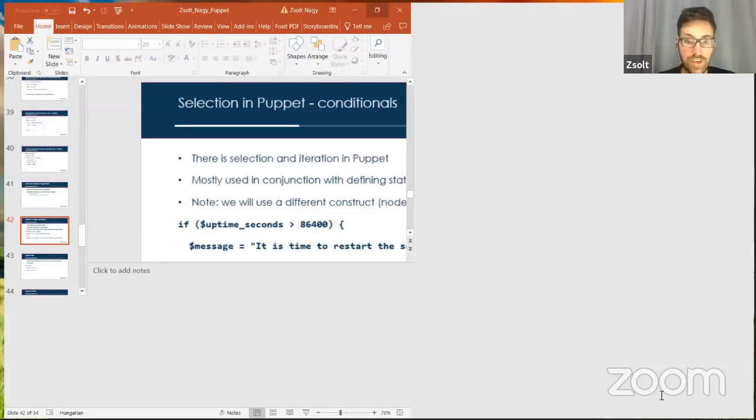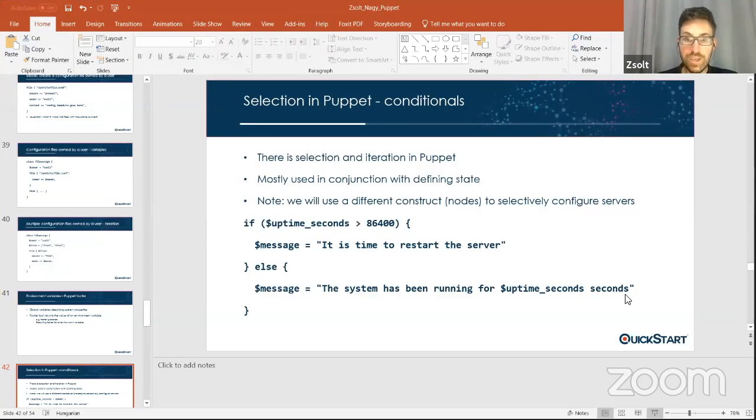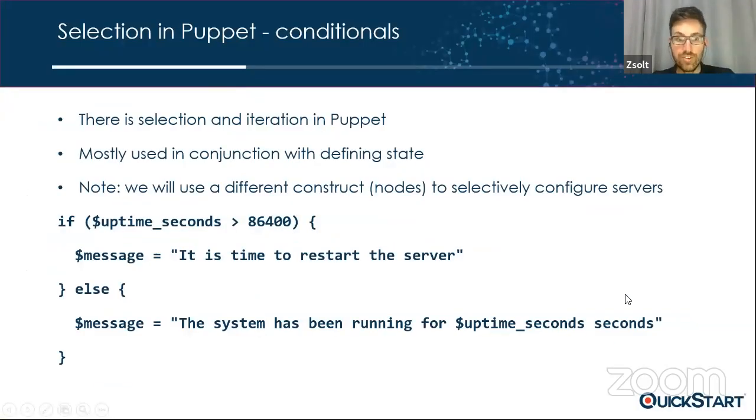There is some auto restart every week anyway. So I promised some if-else. I'm not going to demo it, but you can check it out on your own computers if you follow this tutorial. So for example, I can define that if we have a variable uptime seconds, with which we can reference this factor variable.